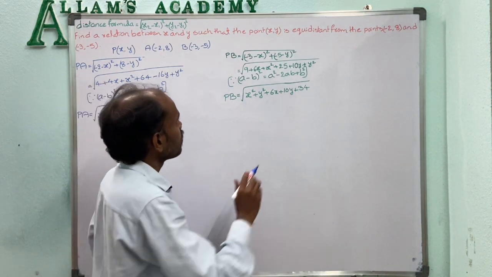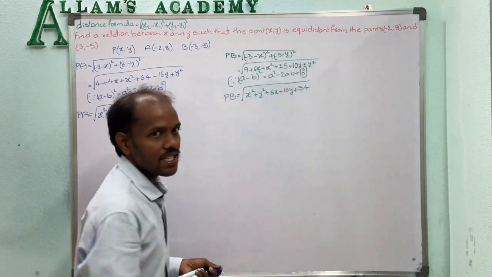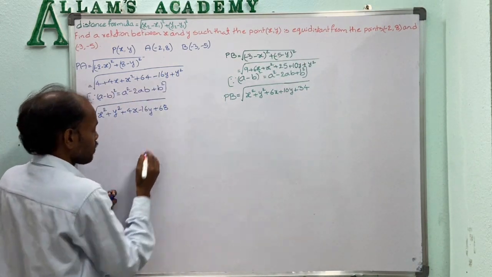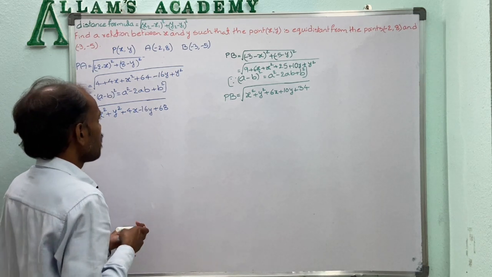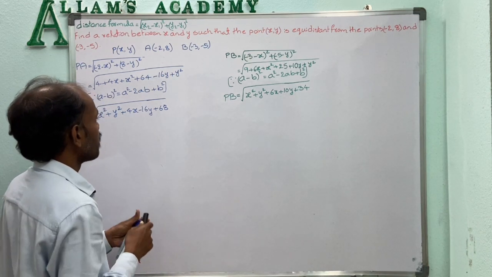And in that question given, they have equidistance there. So by the given problem, PA length is equal to PB length.